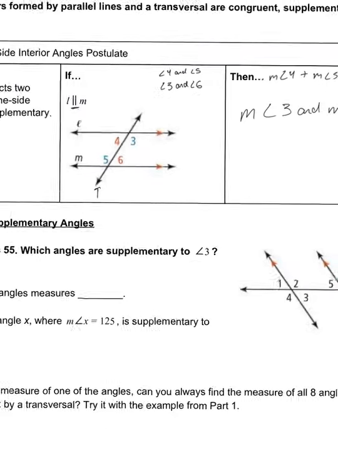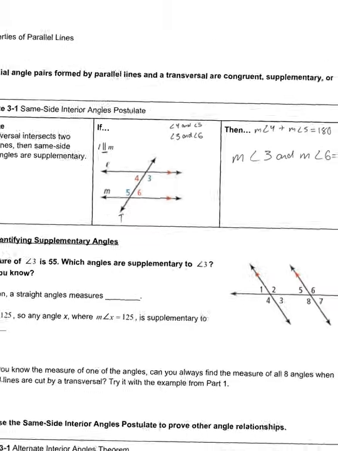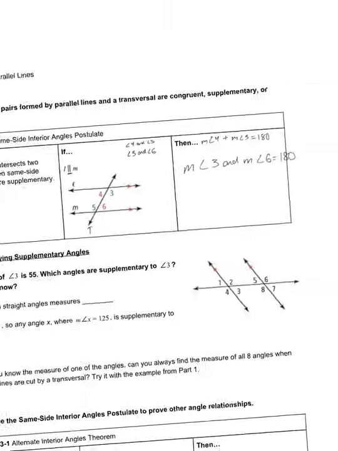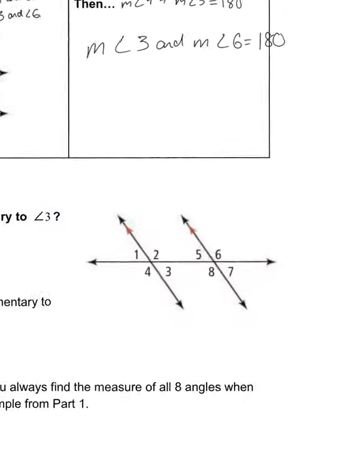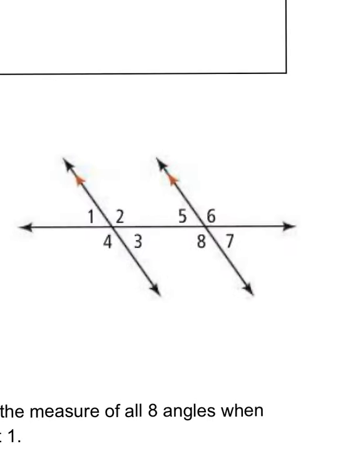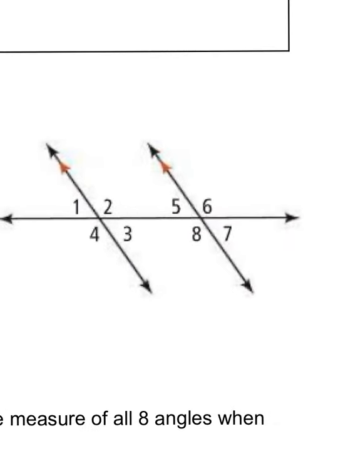All right, now let's look at this diagram right over here. So my exterior angles are 1, 6, 4, and 7, and my interior angles are 2, 5, 3, and 8. All right.